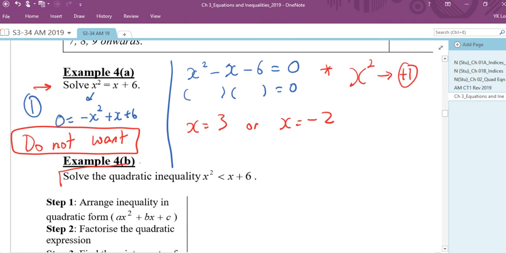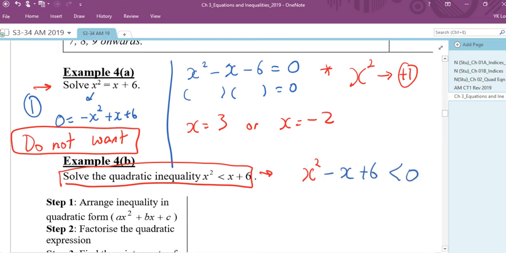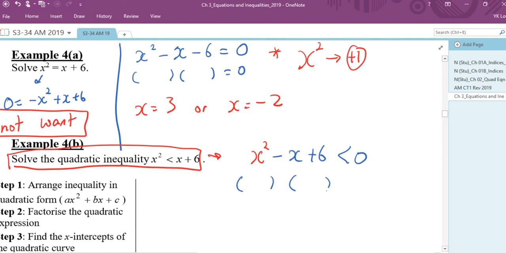Now, what about solving? Actually, this was done in one lesson a month ago. Do you still remember? Okay, I try. Do you agree that I can straight away write down x squared? Why is it in red? Can you write down, follow me, but not in red pen? x squared minus x plus 6 is less than 0. x minus 3x plus 2.